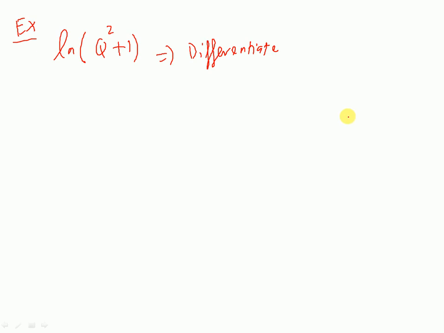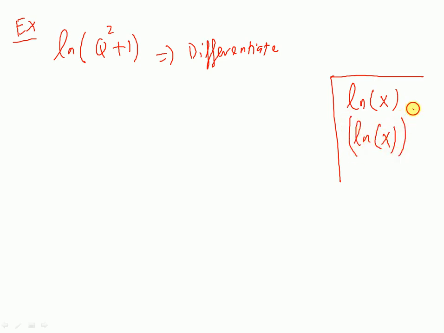Now, remember, if I have ln of x, and I take the first derivative of this function, I will get 1 over x. So for ln of x, when you take the first derivative, you just put 1 on the top and x at the bottom.